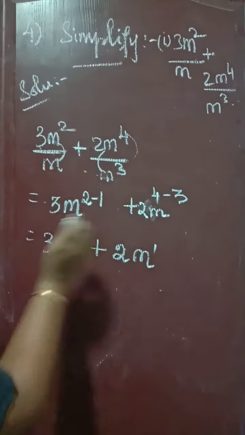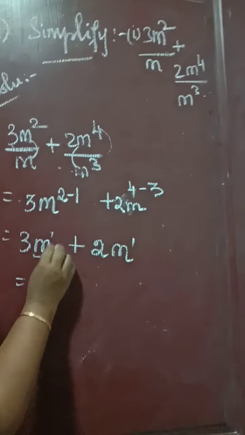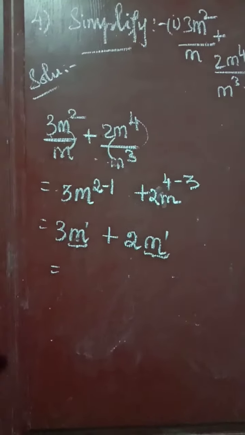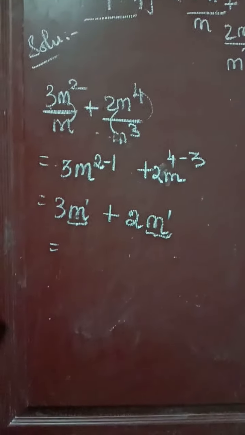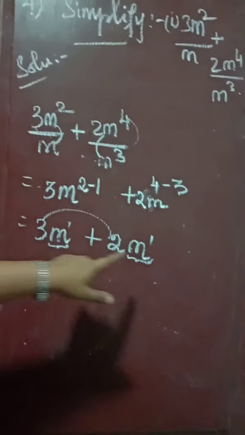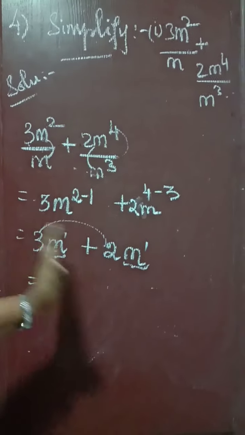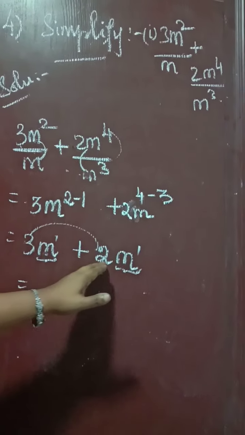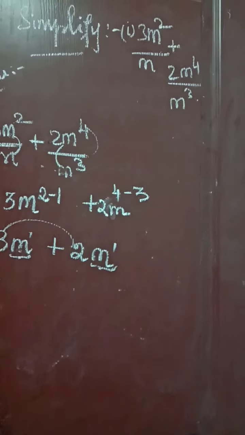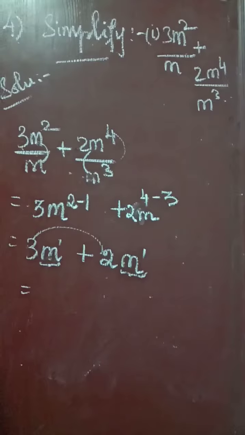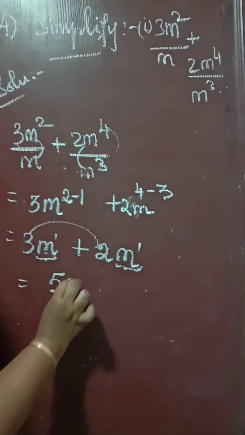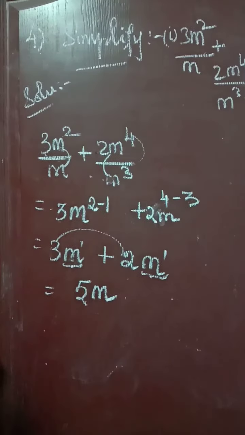So 3m plus 2m. Listen, here also m, here also m. Variables are same, so we add the numbers. Numbers means what? Coefficient. If the variables are same, we add the coefficients. So 3 plus 2. How many m's are there? 3m. How many m's are there? 2m. So 3m plus 2m, answer is 5m.